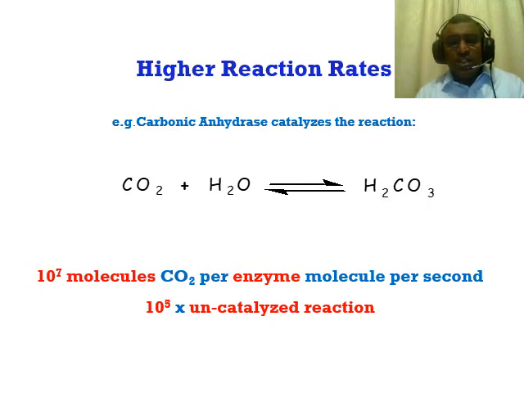And this is facilitated by the enzyme that is present, carbonic anhydrase. As you can see, based on the presence of this enzyme, and if it's not present, there's a huge difference in the numbers, where one is 10 to the power of 7 while the other is a mere 10 to the power of 5. If you think there's no difference there, please write it down on a piece of paper and you will see how big a value these two numbers are.